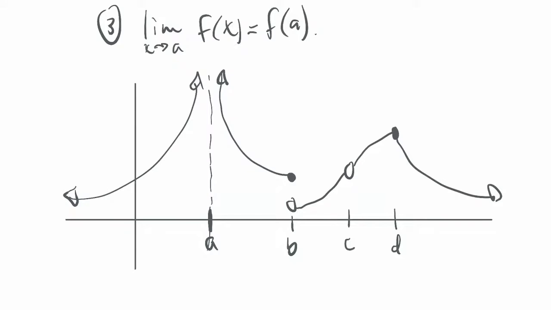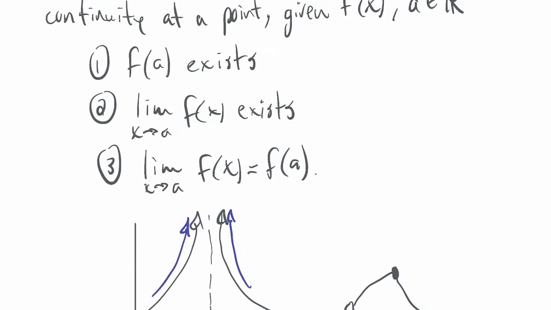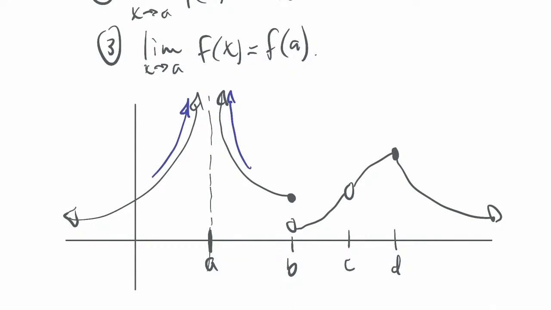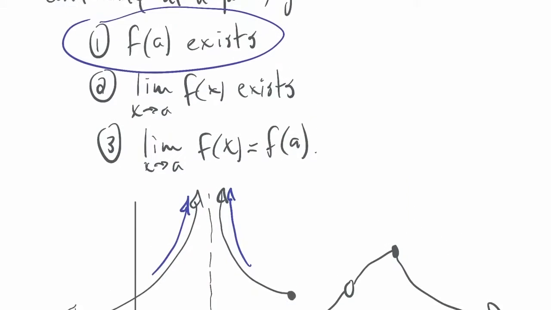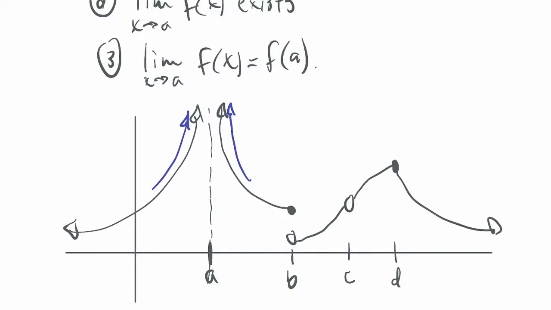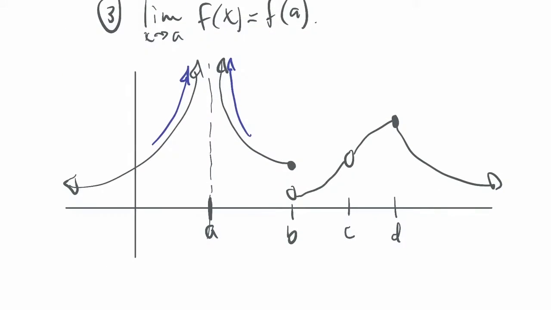The function is not defined there. There's a vertical asymptote. So the left limit is positive infinity, and the right limit is positive infinity. Item 1 is not met, because f of A isn't defined. There's an asymptote, so item 1 fails. Okay, so infinite discontinuity.